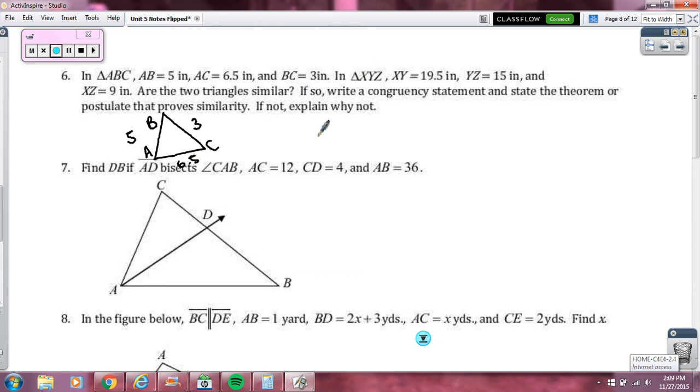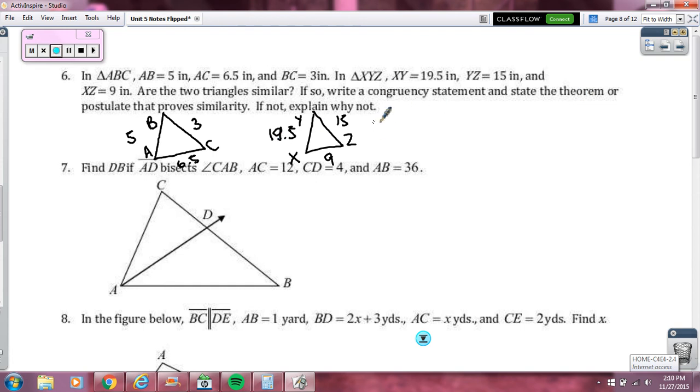Okay. Triangle XYZ. XY is 19.5. YZ is 15, and XZ is 9. Cool. Are they similar? If so, write a congruency statement and state the theorem or postulate that proves similarity. If not, explain why not.